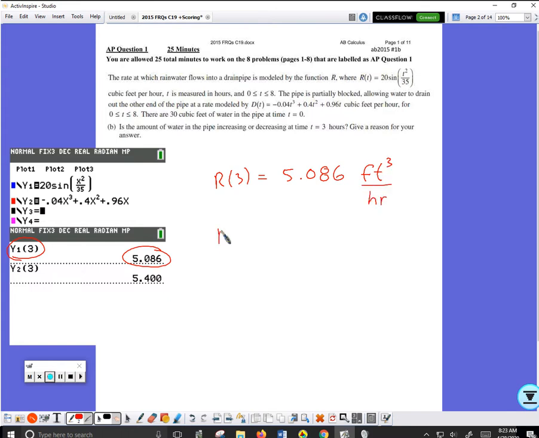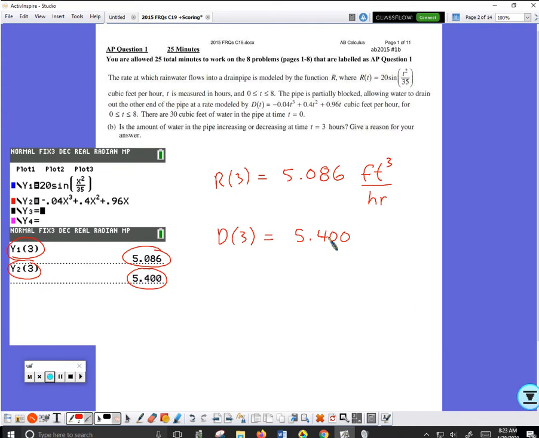Then I go find d of 3. So that's going to equal, that's this one, 5.400. And then you say since.